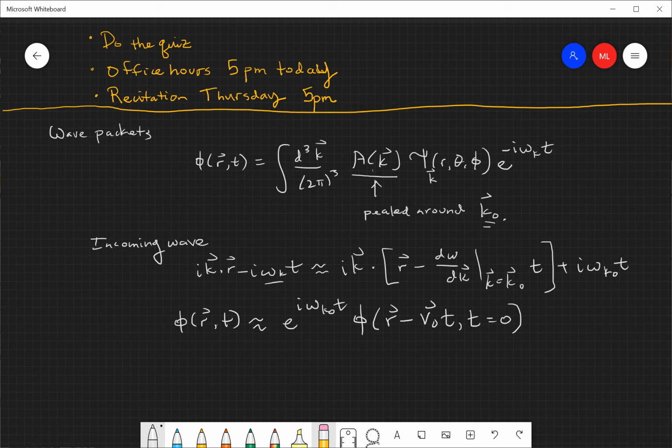So again, if you stick in a plane wave here for the stationary solution and you assume that this envelope is peaked around K0, then you can expand the plane wave part and this phase around K0.